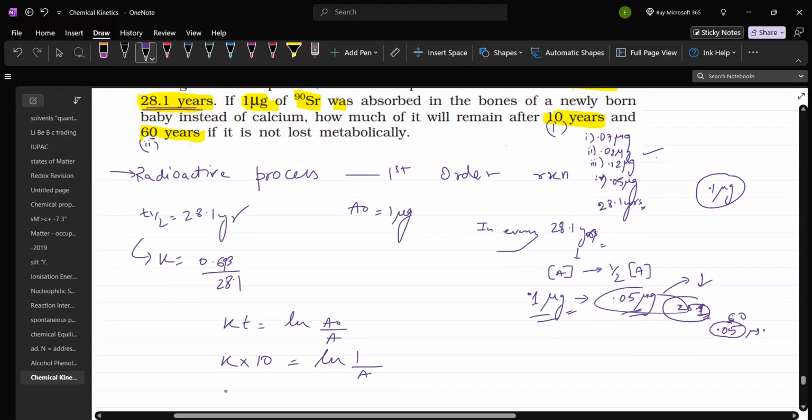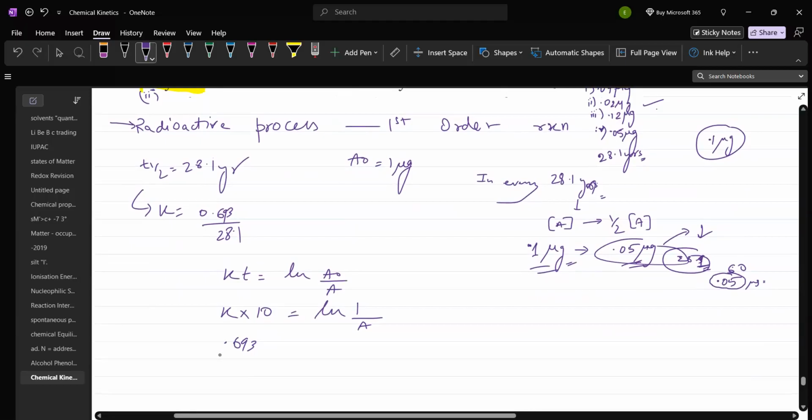In place of k we put 0.693 upon 28.1, times 10, is equal to ln 1 upon a. Yes or no?